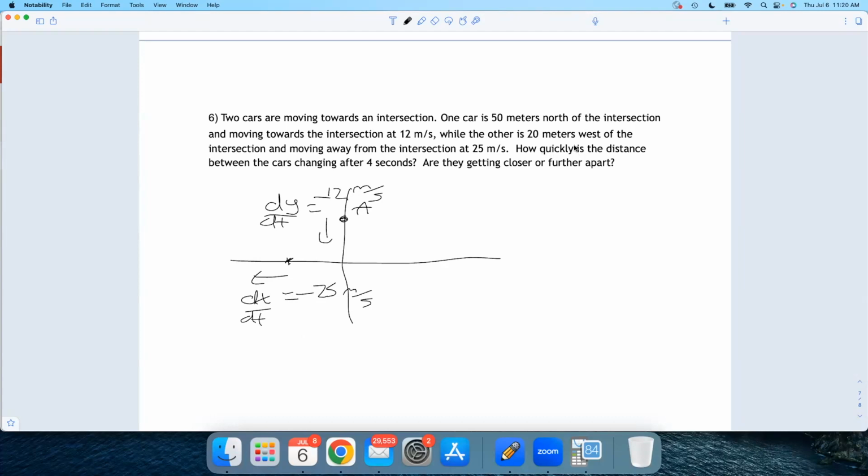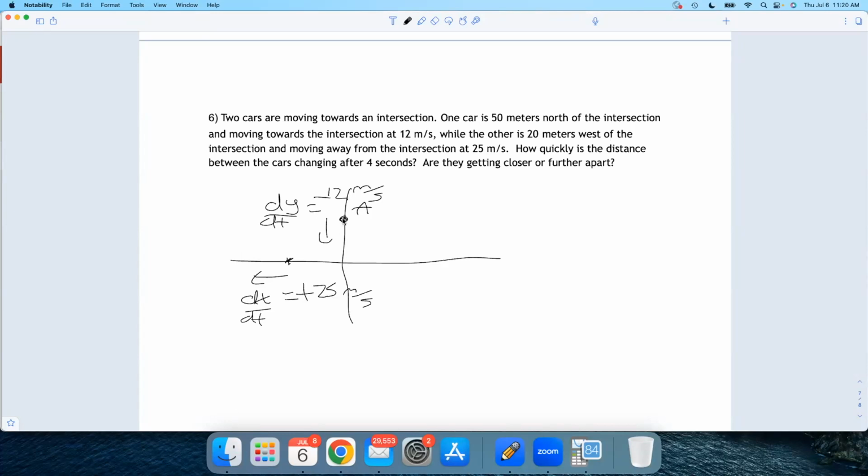Okay, we want to check distance though. So like we want to be careful with this sign here. Even though his X value is decreasing, if we just call X his distance from, so I'm not thinking of X as a positive or negative number. If I think of X as his distance from the origin, his distance is getting bigger from the origin. His distance is getting smaller from the origin.